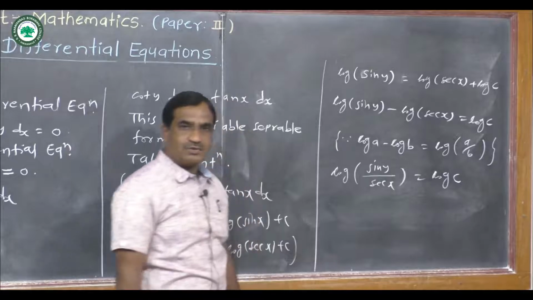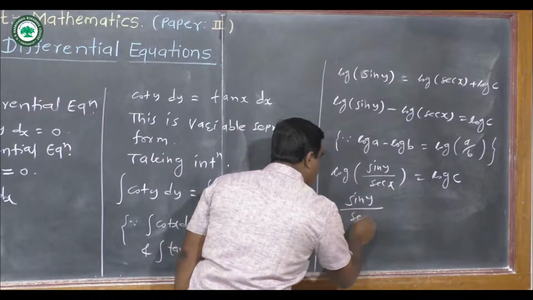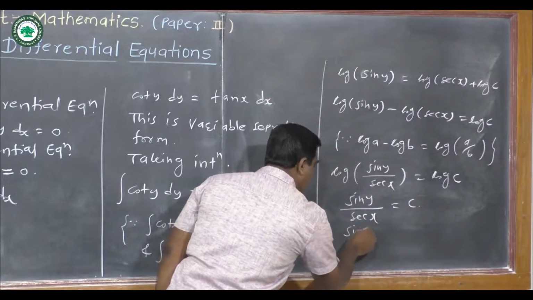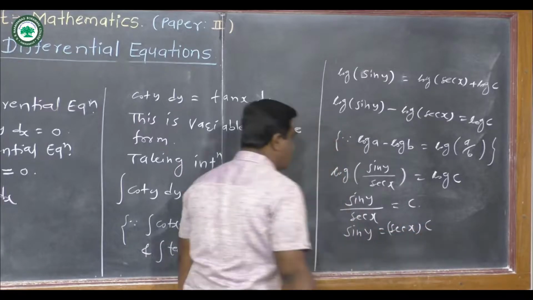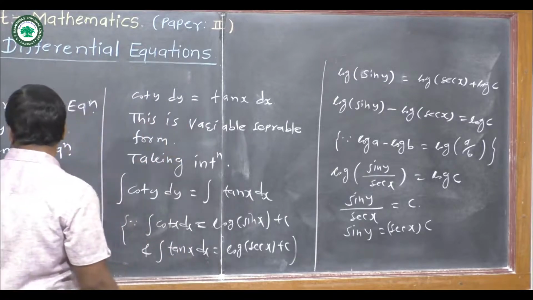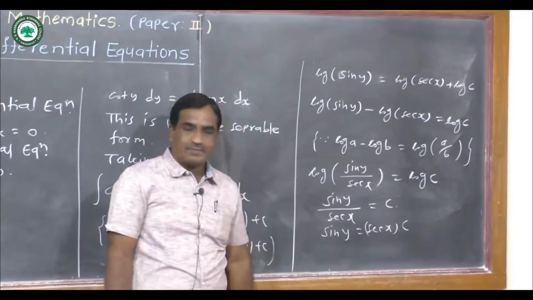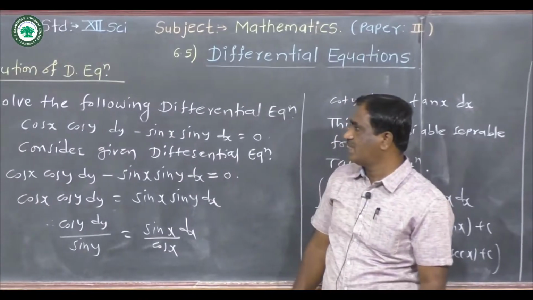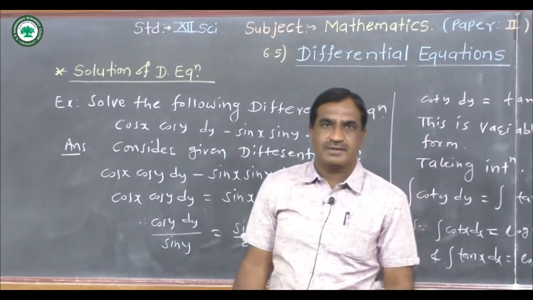Now log is cancelled out on both sides, and remains sin y upon sec x is equal to c. That is, finally sin y is equal to sec x into c, and this is the required general solution for the given differential equation cos x cos y into dy minus sin x sin y into dx is equal to 0. Okay, we stop here. Thank you.